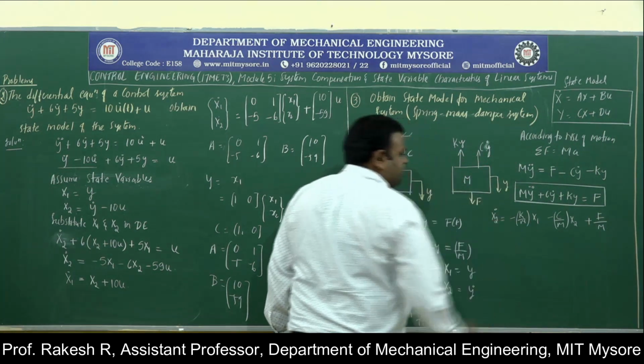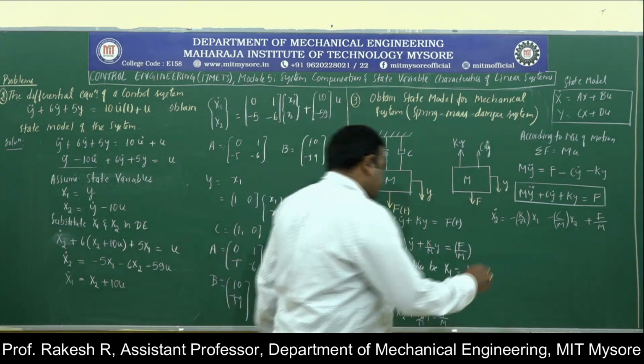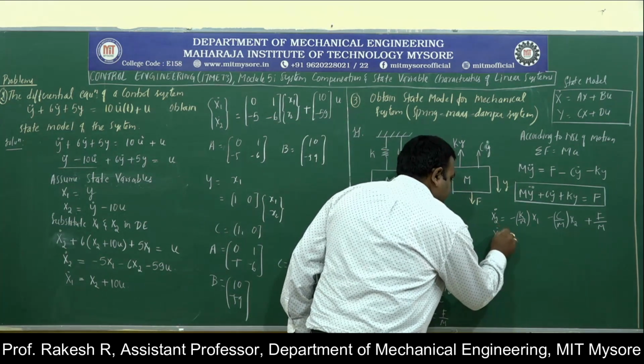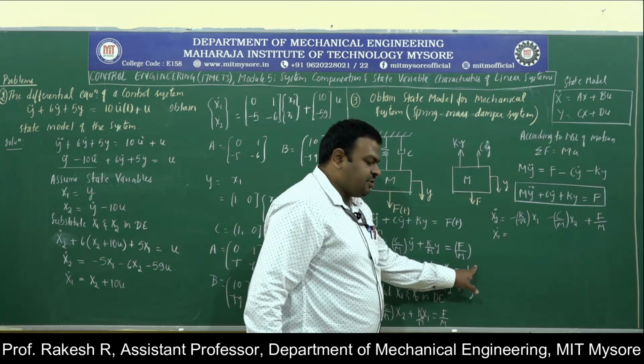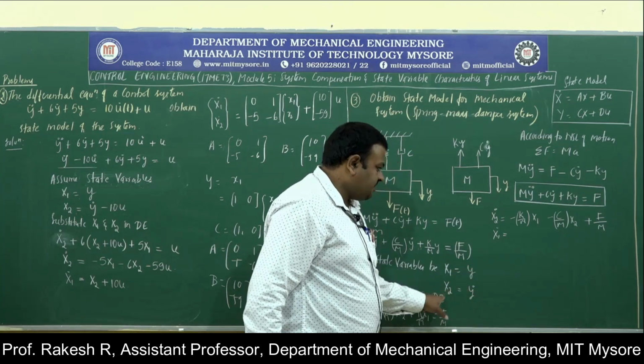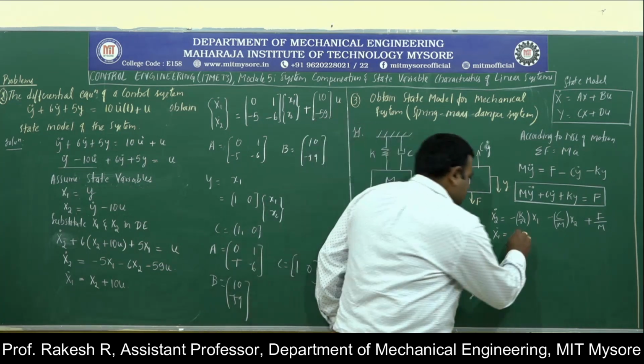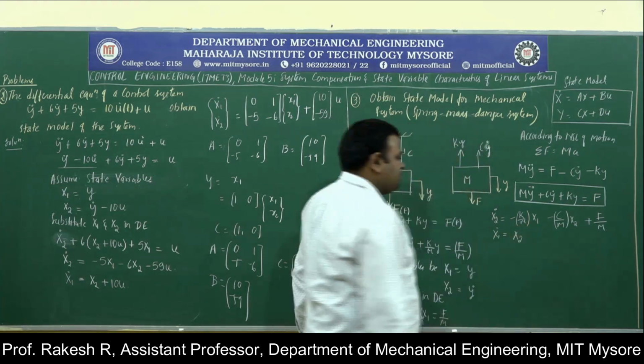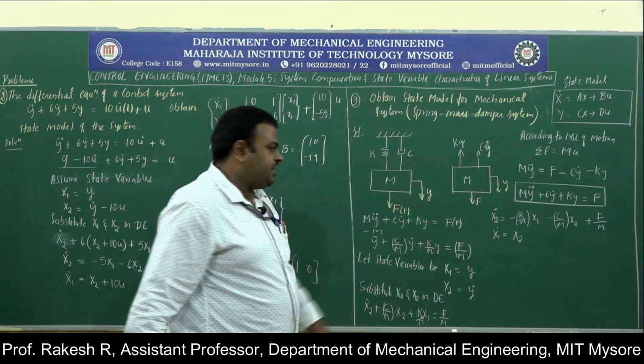This is x2 dot. What is x1 dot? So x1 dot is equal to y dot. Y dot is nothing but x2. So I got x1 dot and x2 dot.